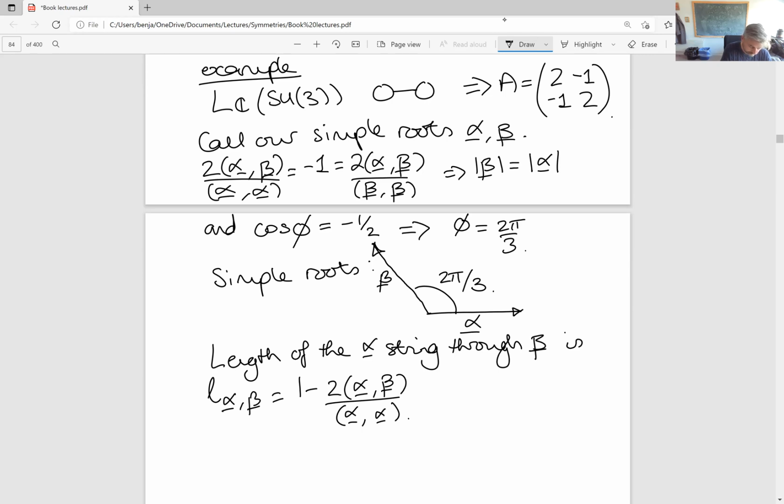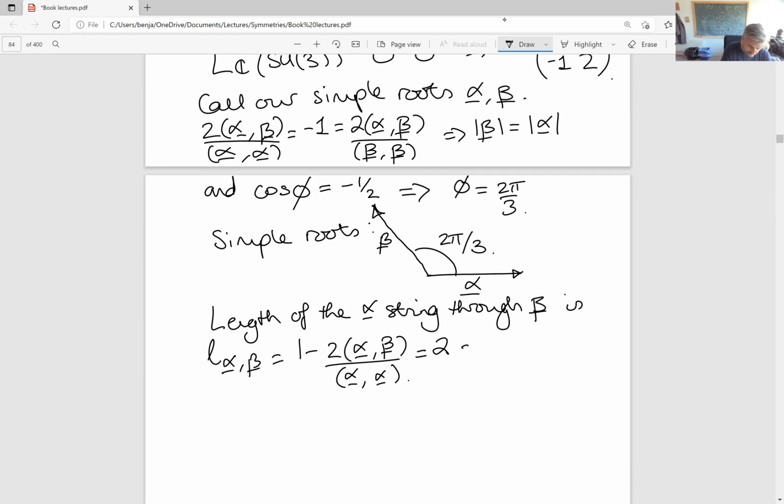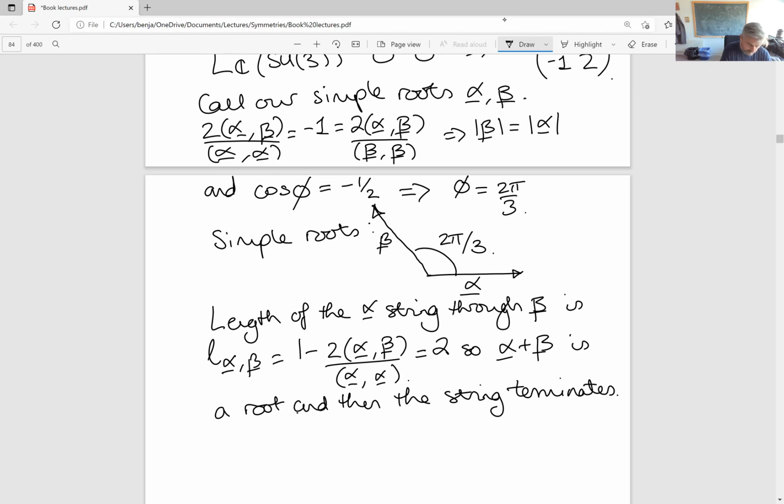And so we get in total 2 for this. So what this means is alpha plus beta is a root. And then the string terminates. Because the length is 2, we start off with beta, and that's one of them, and alpha plus beta is the other one, and there's no more room for any of the others.